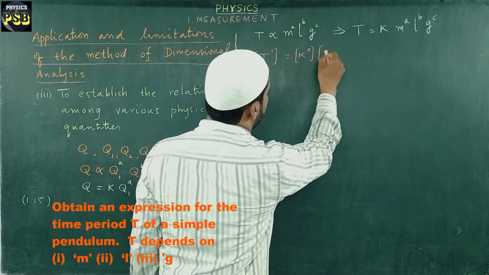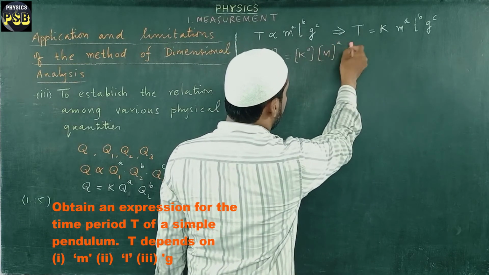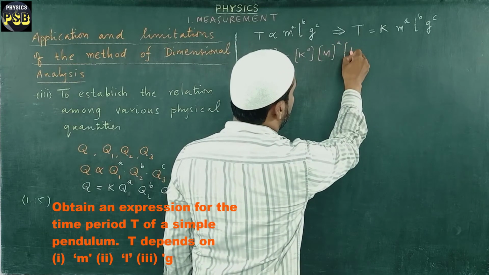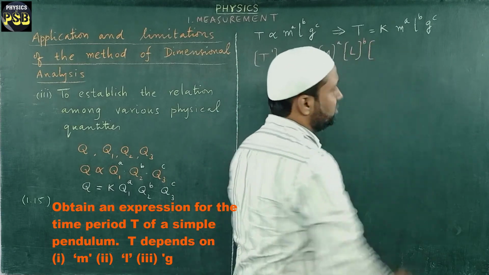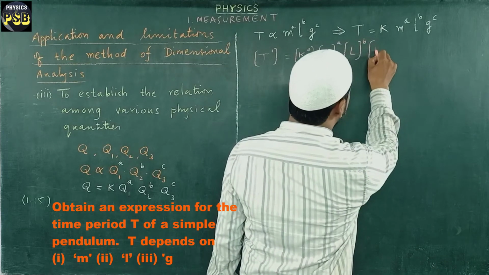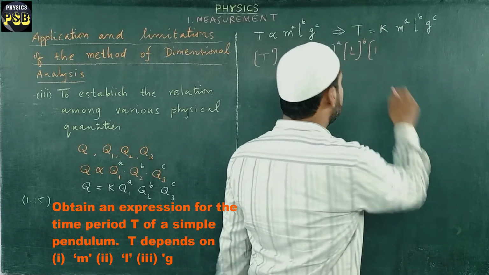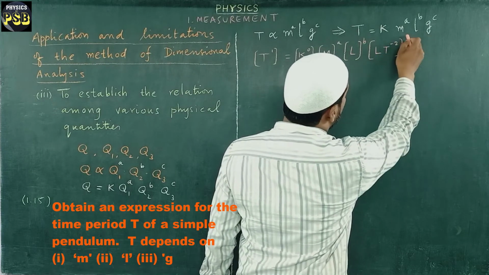Then the dimension of mass is capital M power A. The dimension of length is capital L power B. Then the dimension of g. What is g? g is acceleration due to gravity, so the dimension of acceleration can be used here. It is L T power minus 2, raised to power C.